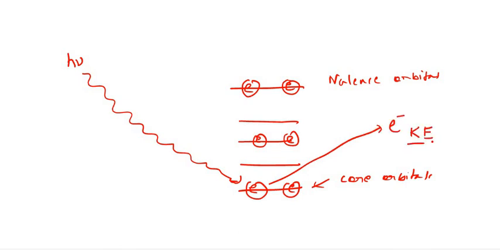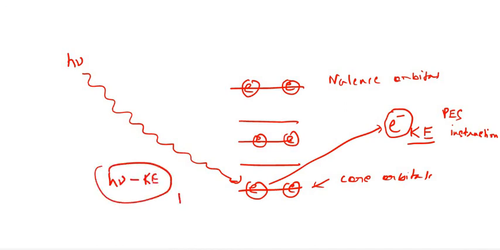The kinetic energy is determined by the PES instrument. The instrument has a detector system just like in mass spectrometry, and we are able to determine the kinetic energy of this particle, the electron, by subtracting the kinetic energy from the total energy.